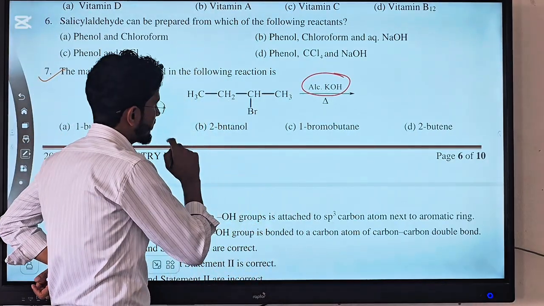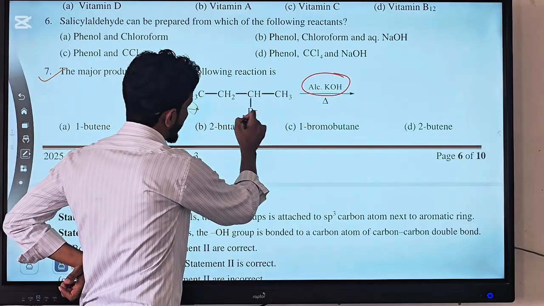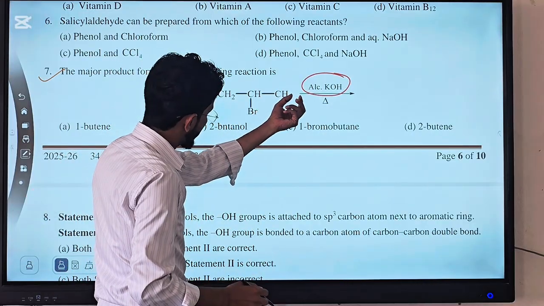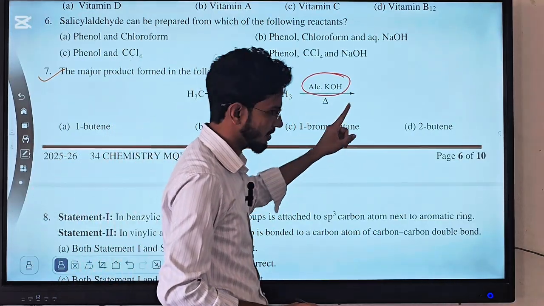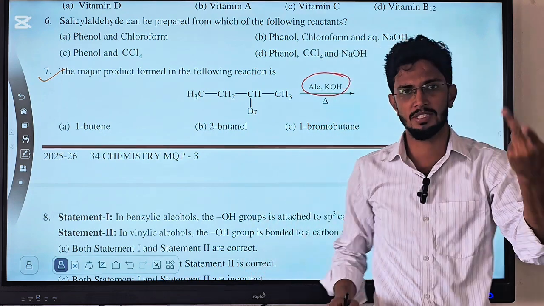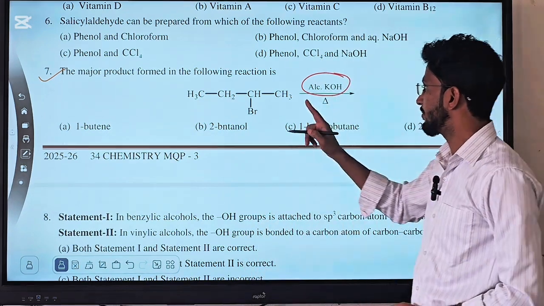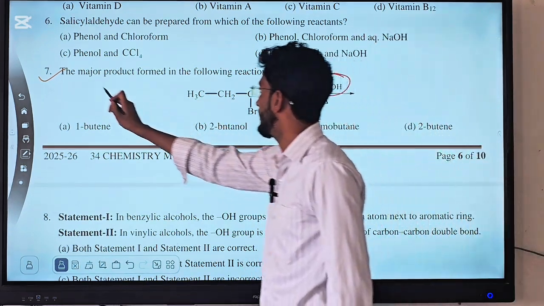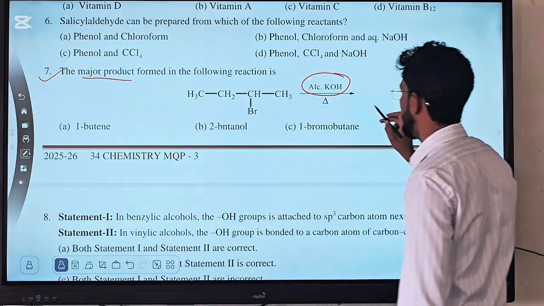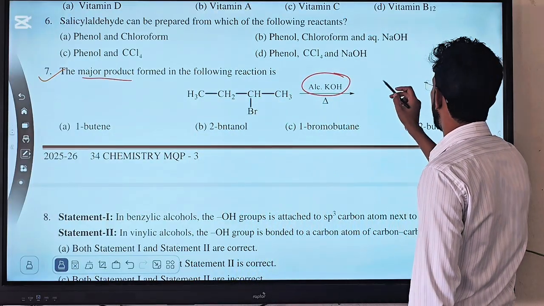How will the elimination reaction take place? The bromine eliminates with this hydrogen or this hydrogen, so these two products will form. One will be major and the other minor, and we have to give the answer according to the major product. Two types of alkene form here.